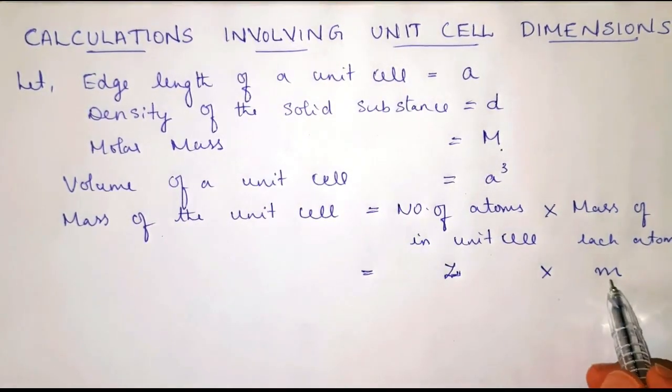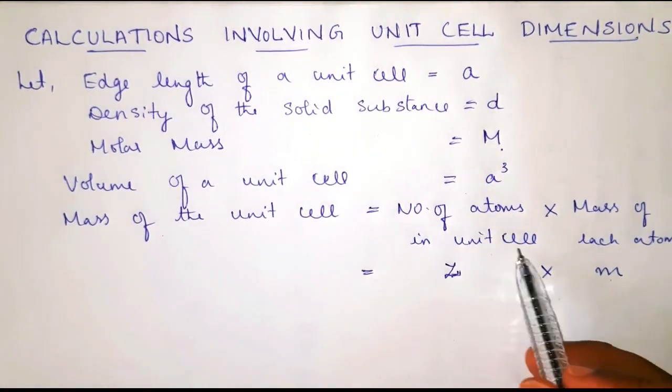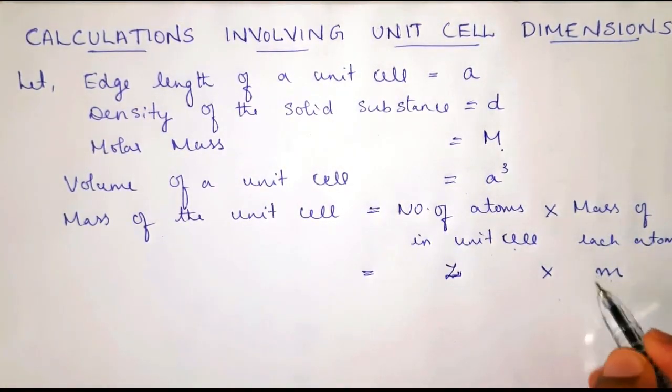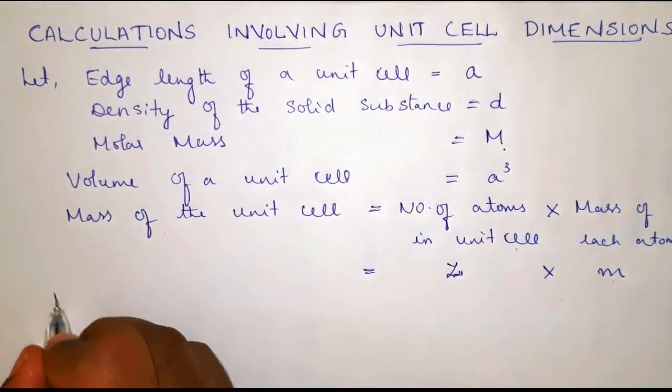Here we have written the mass of each atom and the number of atoms in a unit cell. So how are you going to find the mass of each atom? That is next.